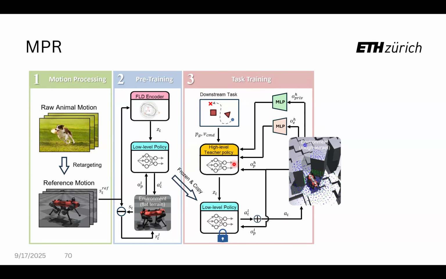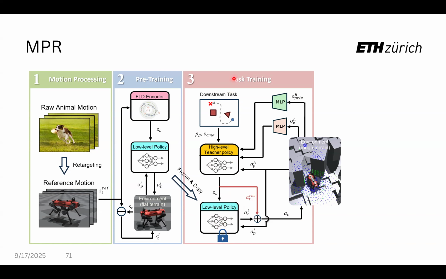So we have an additional term: a residual action output by the high-level policy to directly modify the behavior of the low-level policy, where the low-level policy is frozen at this high-level task training phase.